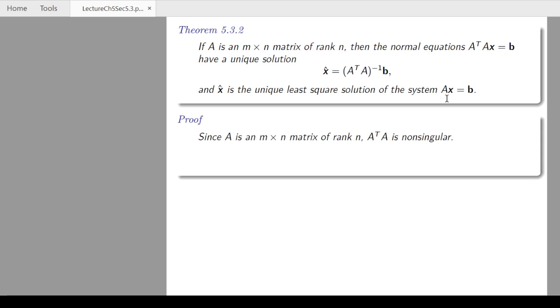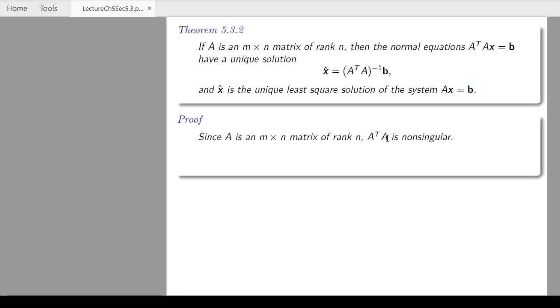Here is the proof for the theorem. By the assumption A is of rank n, then the transpose of A times A is non-singular.